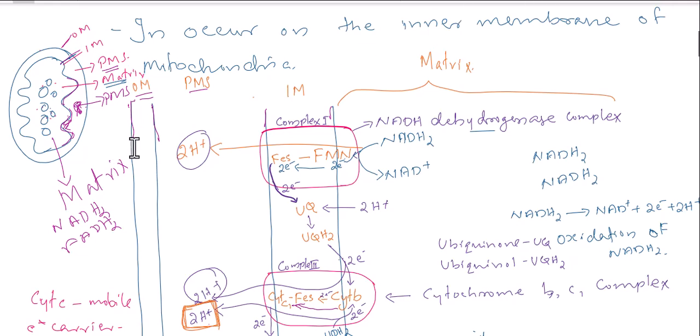Here the diagram is somewhat enlarged. Here you can see the outer membrane of the mitochondria, and this region is the inner membrane of the mitochondria, IMM.